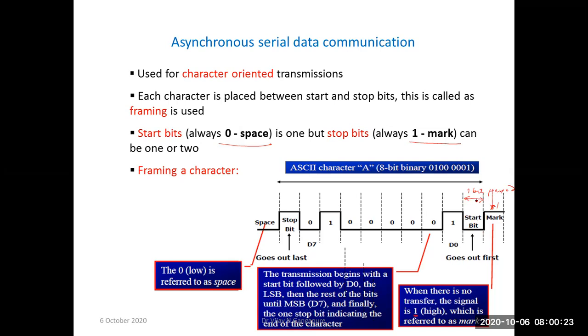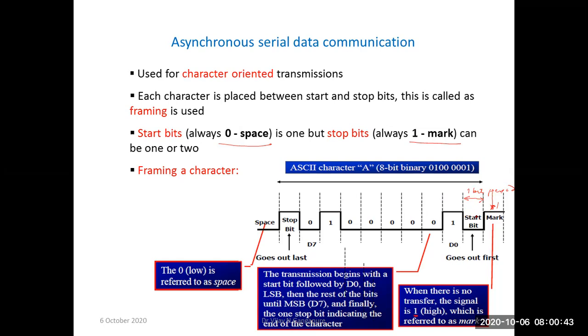That should be maintained, because that will decide the data transfer rate. Depending on the data transfer rate selected, this period varies. So this is fixed. For this minimum amount of time, the signal should be there on that serial communication channel.